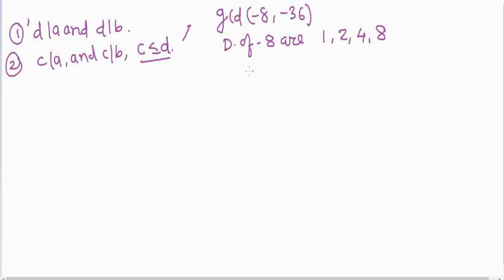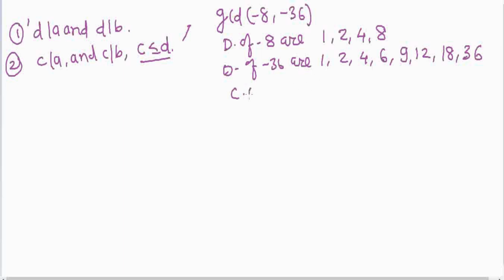Similarly, the divisors of -36 are 1, 2, 3, 4, 6, 9, 12, 18 and 36. Then the common divisors are 1, 2 and 4.